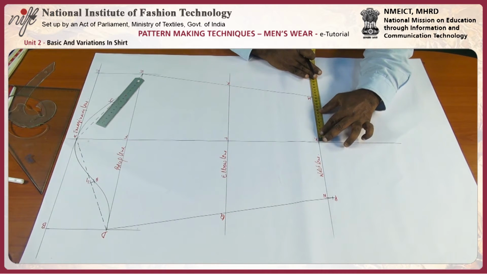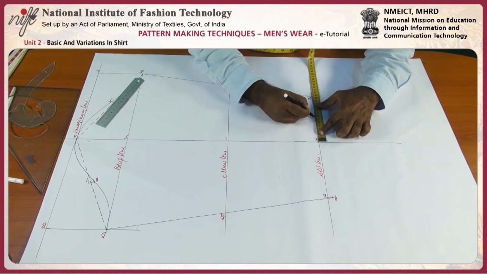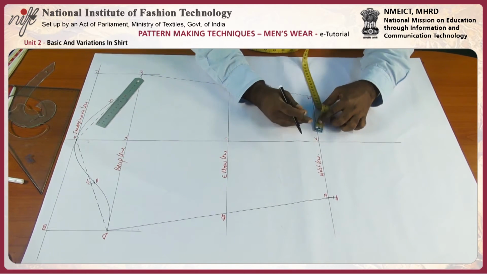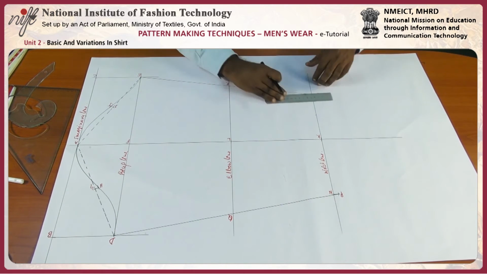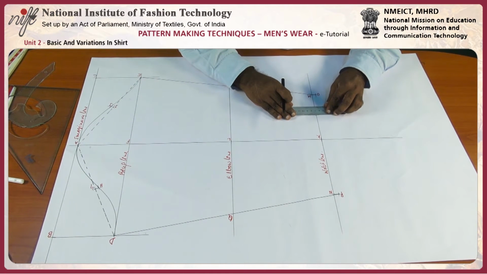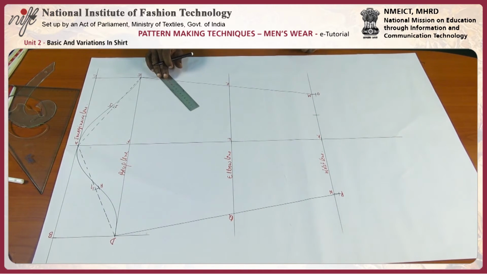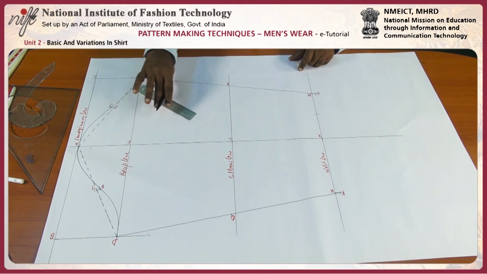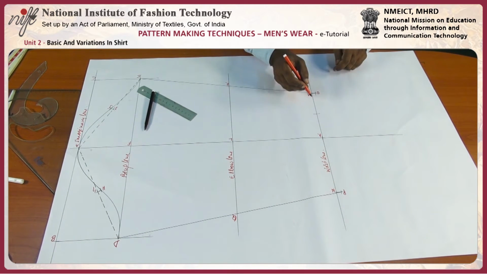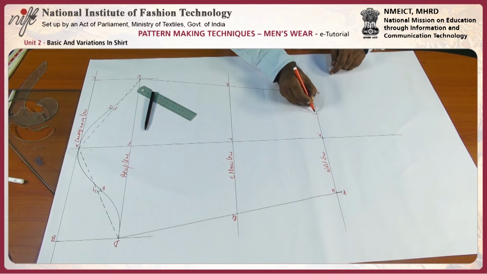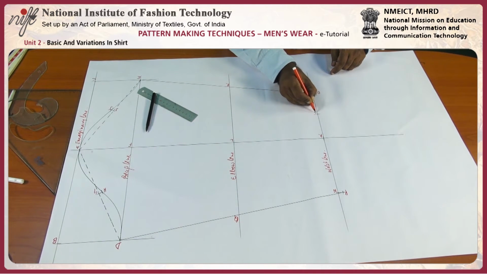Half of that will be 7.1. And give a cross mark. From point S, you need to draw a line parallel to the center line, as shown in the figure. This will be S.